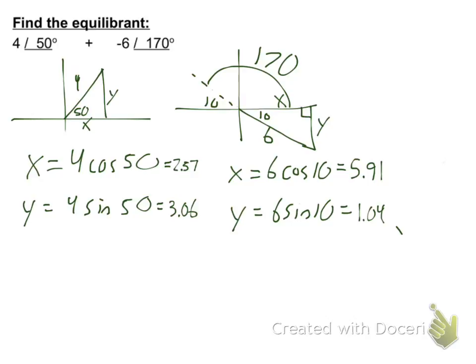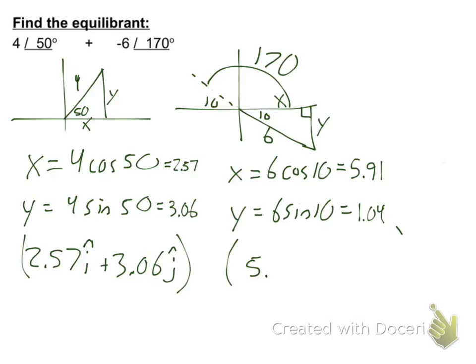So we have 2.57 i hat plus 3.06 j hat. They're both positive. Is that true for the second one? Are the x and y both positive?